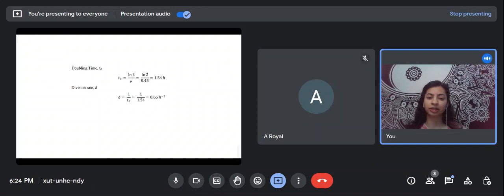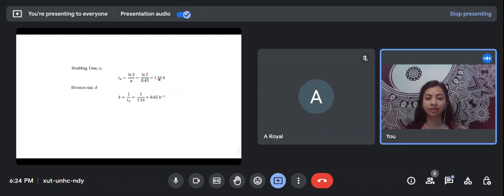So let's do that. So the doubling time td will be equal to ln 2 over the specific growth rate. So in this case, the specific growth rate is 0.45, right? So what you get, the doubling time is 1.54 hours. That means in this system, after every 1.54 hours, the cells would have doubled. Whatever cells you had initially, they would have doubled. Okay.